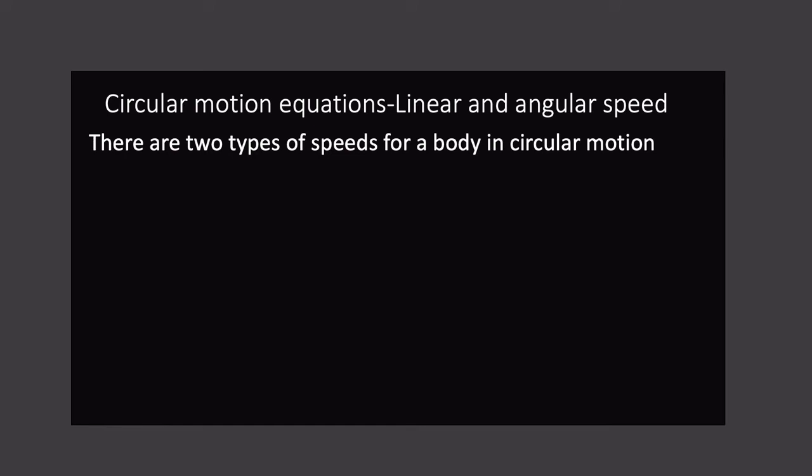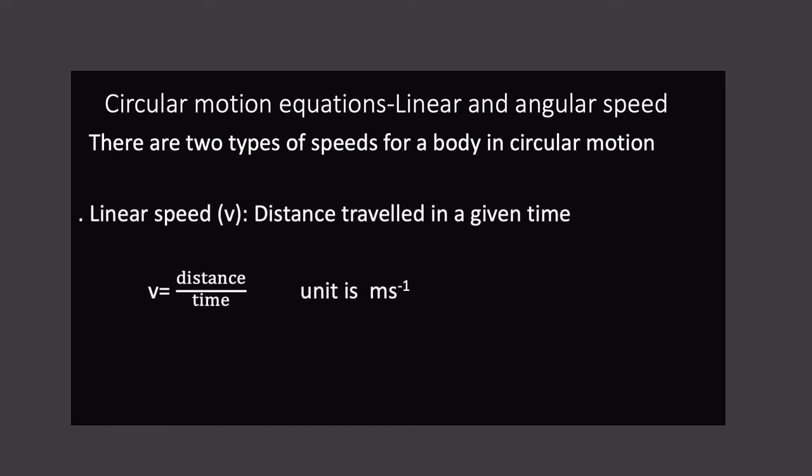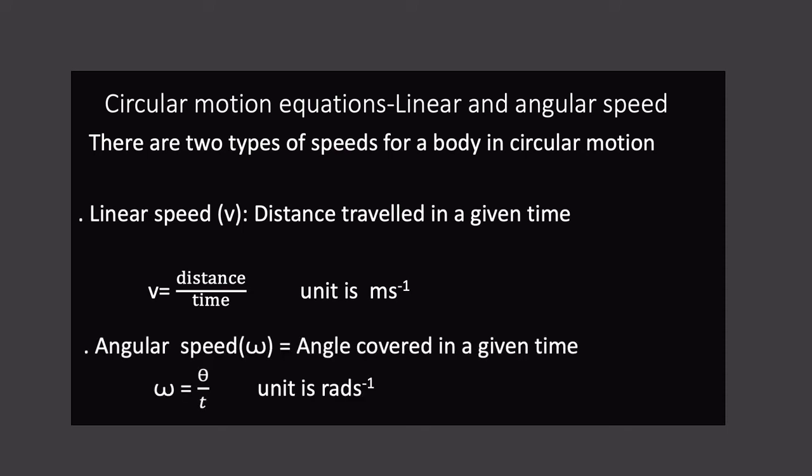There are two types of speeds for a body in circular motion. Number one, linear speed. So it is actually a common speed, like total distance traveled in a given time. So it's distance over time, its unit is meter per second. Another one is angular speed. Here it is total angle covered in a given time. So you can represent the angle as theta.